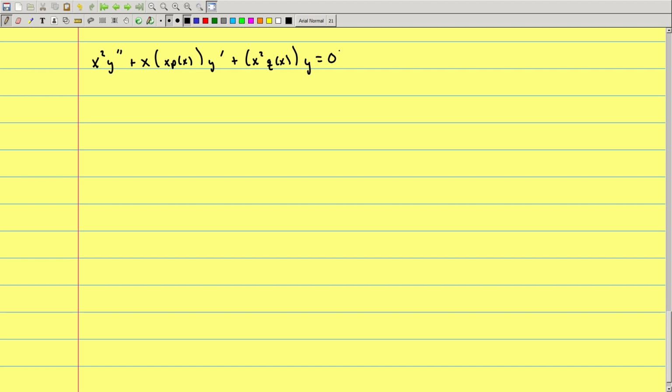In this form, what we want to imagine as going on is take special look at these two expressions here, and we're going to imagine that both of these are analytic functions.